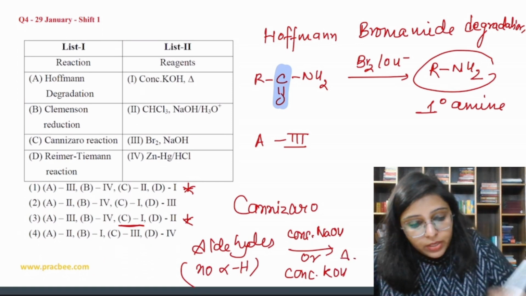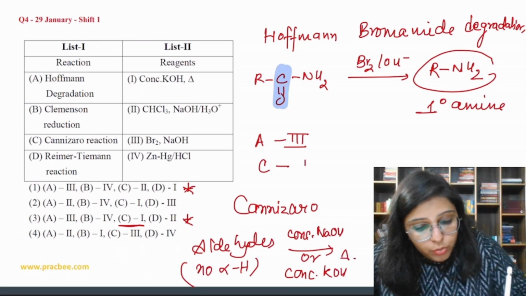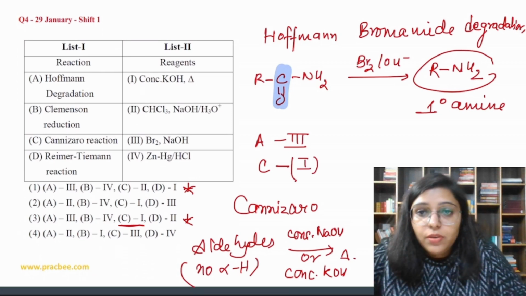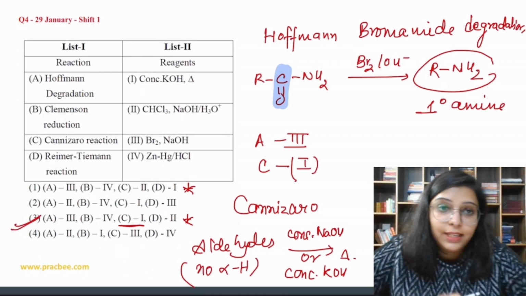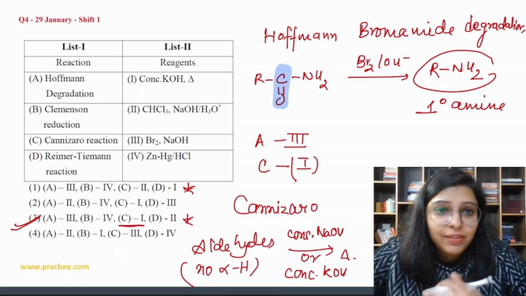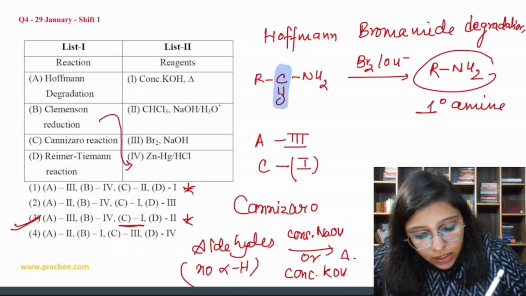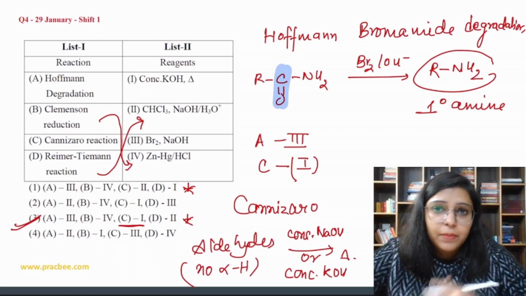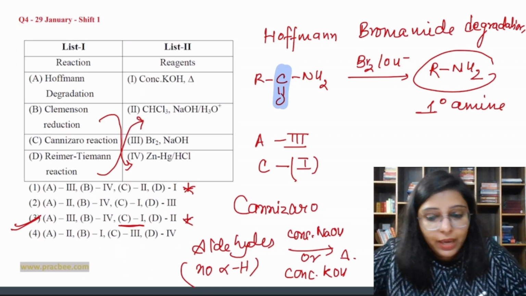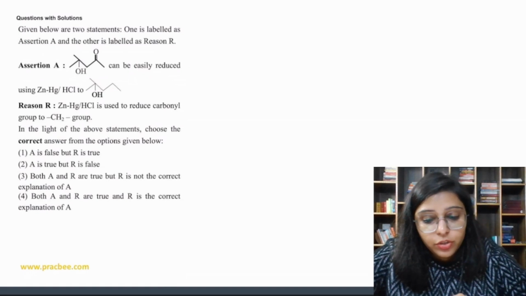So it means C can be matched with option number 1. So on the basis of that, we can say option 3 is the correct answer. There is no need to check. Otherwise, you should know Clemmensen reduction is 4 and Rosenmund, that is 6. In matching you can use this thing. ठीक है? चलो, let's do next question.